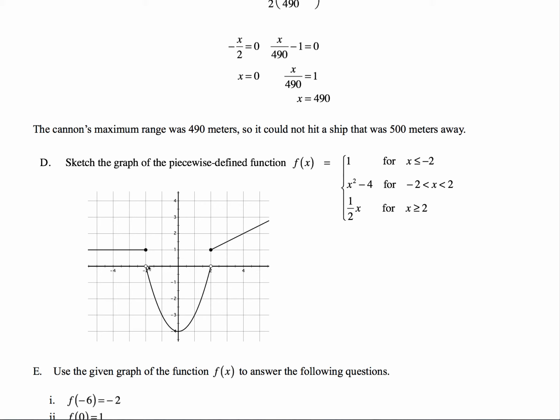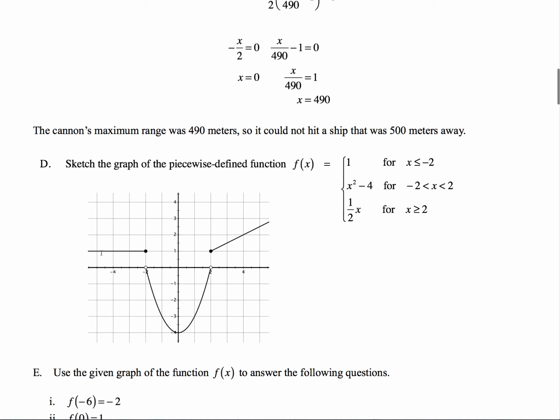And finally, the last function we use is 1/2 x, and that's for x greater than or equal to 2. Now, as I suggested for, I think it was the second exam, you might want to sketch out all 3 of these, and then you use your eraser to eliminate the parts where the function is not on the graph.